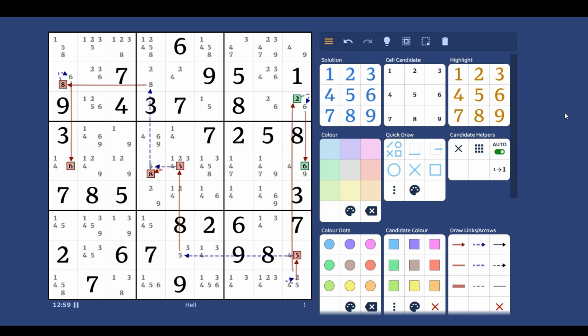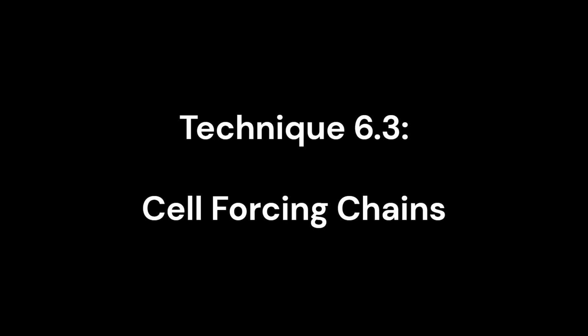And in this case, no matter if our initial 5 is true or false, those 6s will have to be false. Therefore, we could eliminate them because they're not going to matter either way. So the nice thing about digit forcing chains, as compared to other verity forcing chains, is because we're only looking at 2 conditions, true or false, we only ever have to look at 2 chains.